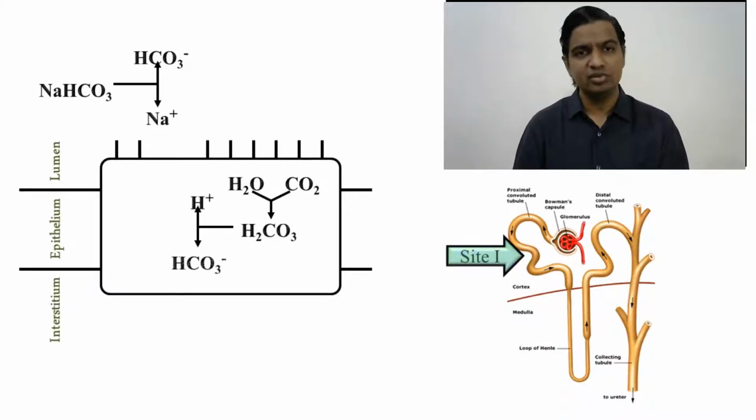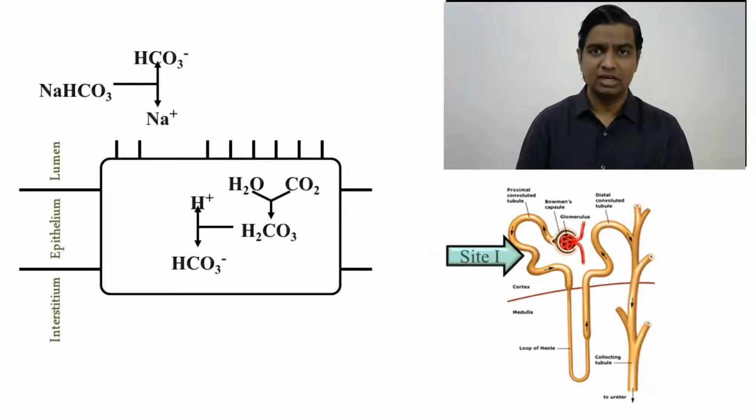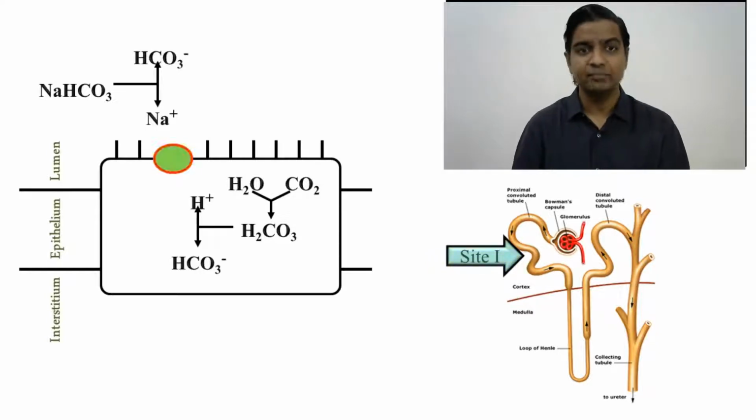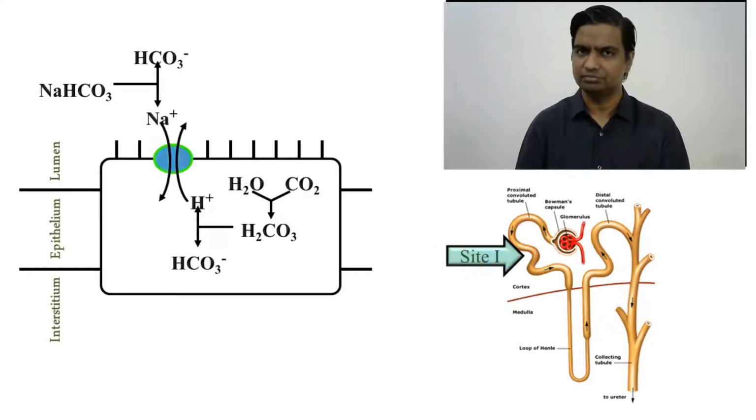H2CO3 dissociates into H plus and HCO3 minus, and the PCT cells exchange this H plus for sodium ion. Easy, simple.